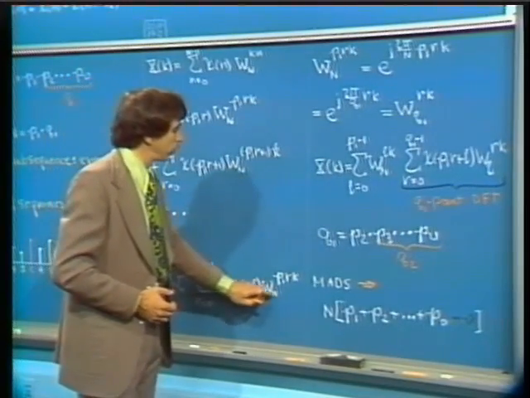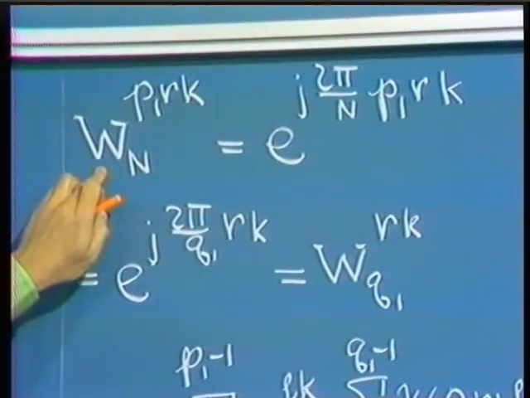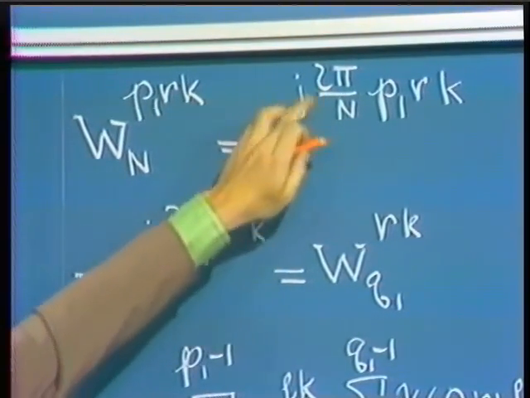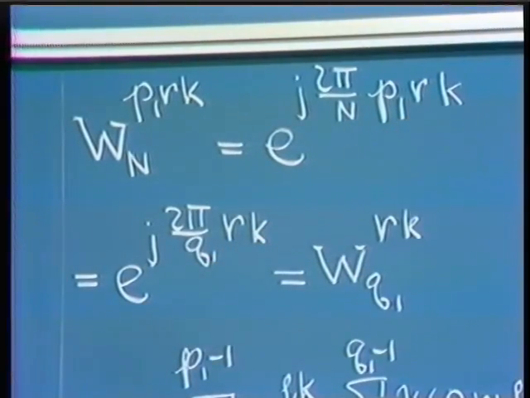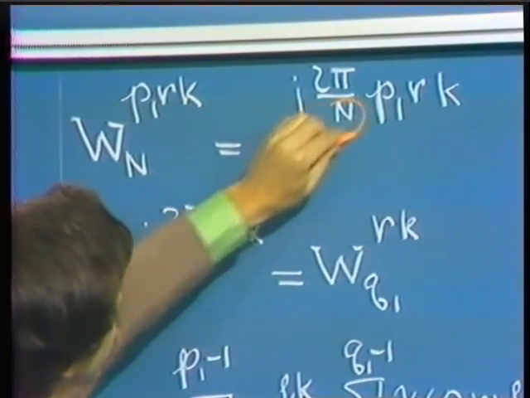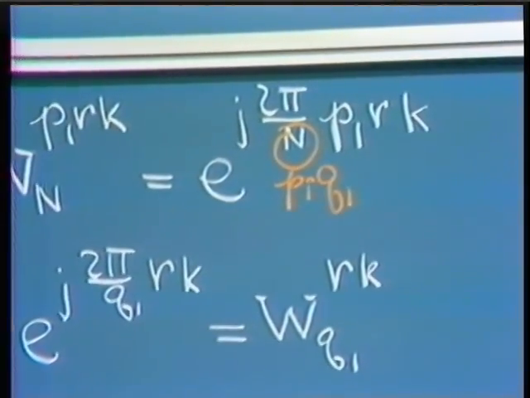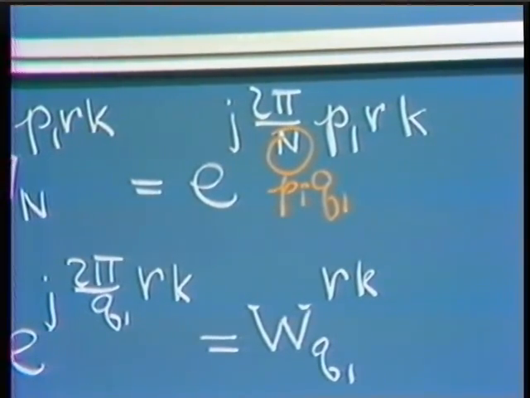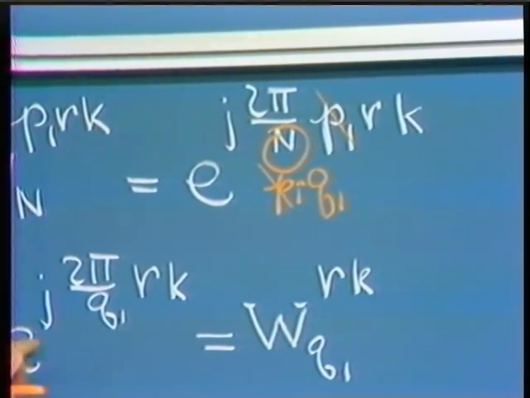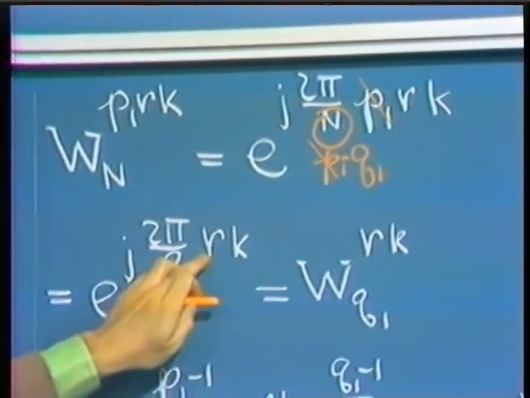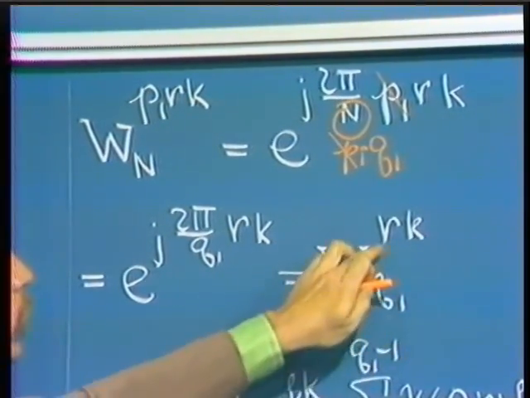In particular, W sub n to the P1 RK, as I have here, is equal to e to the j 2 pi over capital N times P1 RK. But n is equal to P1 times Q1. That's the way we originally decomposed it. And the P1s cancel out, and we're left with e to the j 2 pi over Q1 times RK, or equivalently, W sub Q1 to the RK.